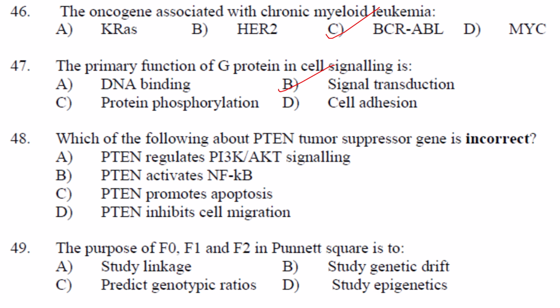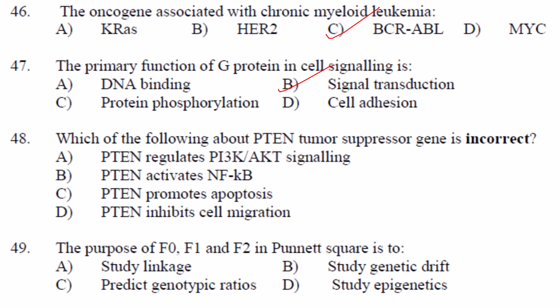Then which of the following about PTEN tumor suppressor gene is incorrect? PTEN regulates PI3K AKT signaling. Yes, it is a negative regulator of this particular pathway, that is PI3K AKT.